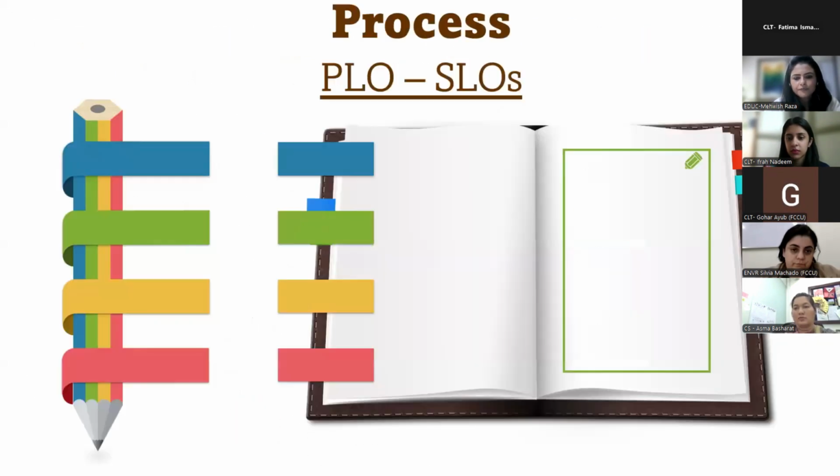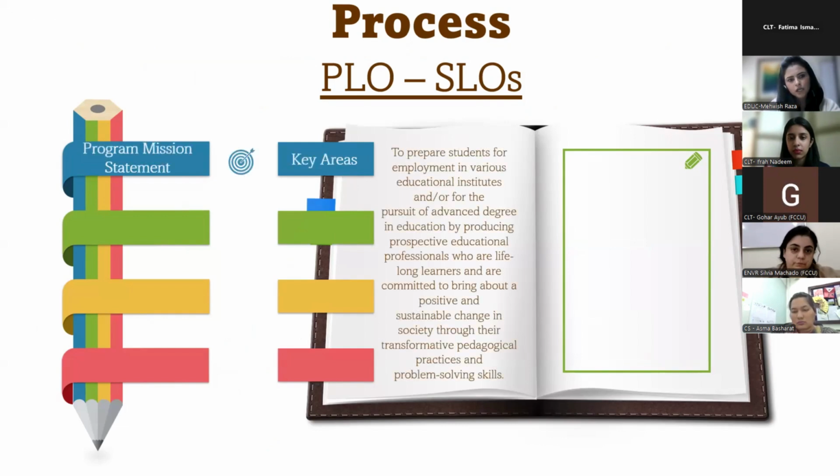All right. Just a quick overview of how we expect PLOs to be reflected through the student learning outcomes. In the previous session, we used this case example from the Department of Education, where this is their program mission statement.